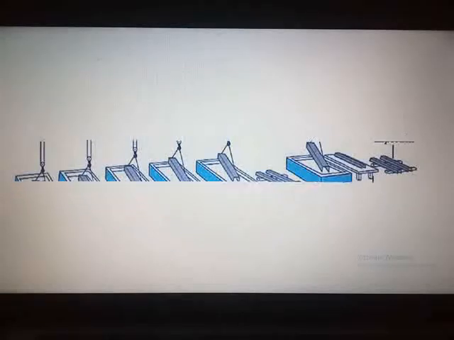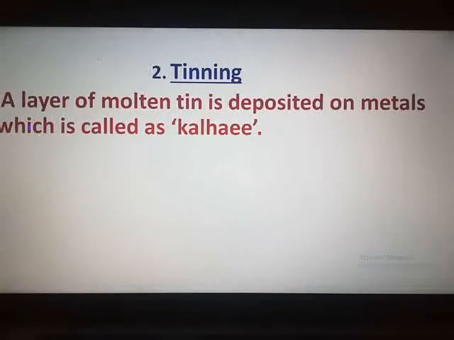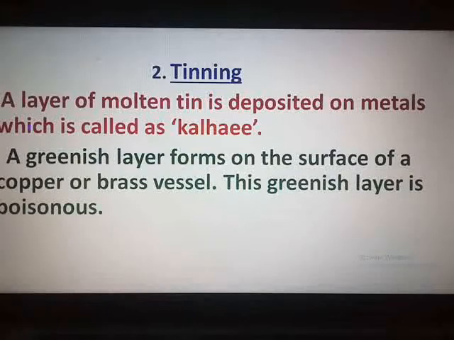The next measure is tinning. What happens in this process? A layer of molten tin, which is called kalai, is deposited on the metals. You call this process giving kalai. A greenish layer forms on the surface of a copper or brass vessel, and this greenish layer is very poisonous.